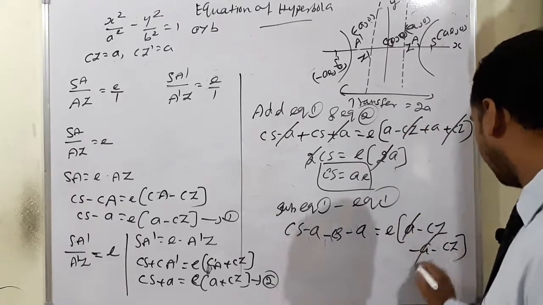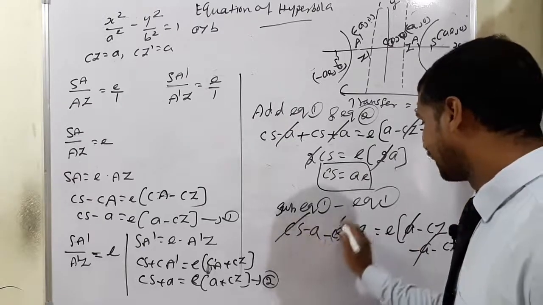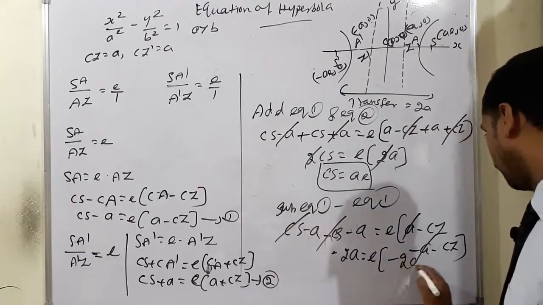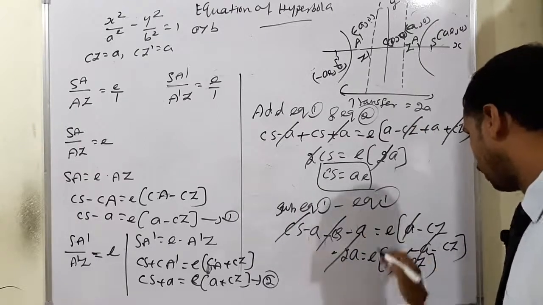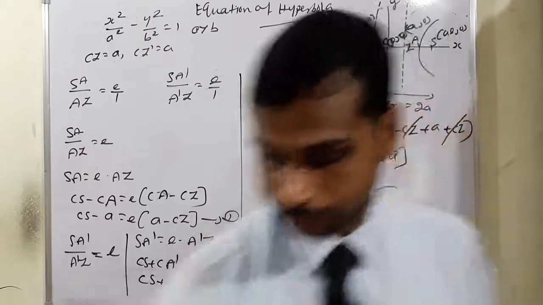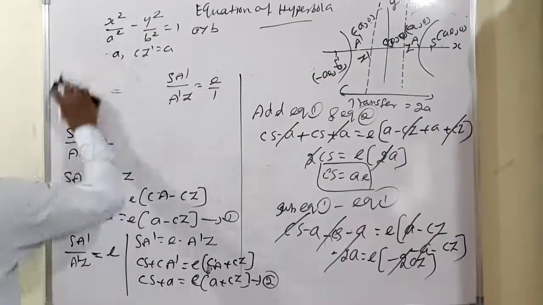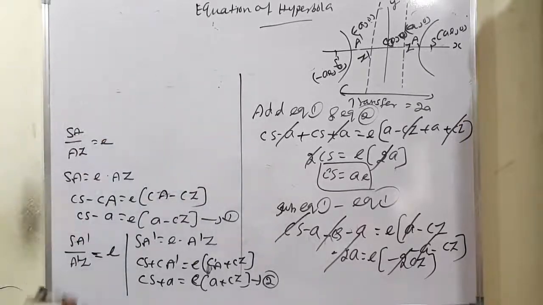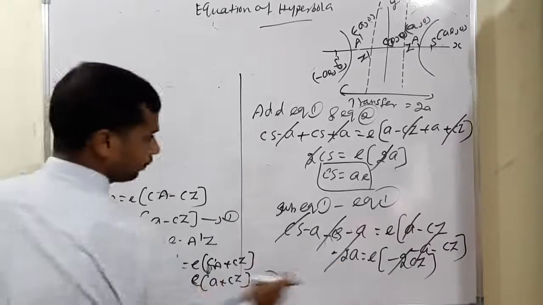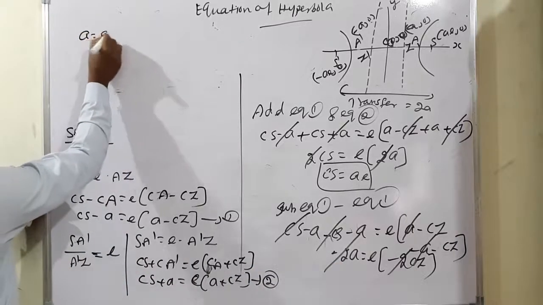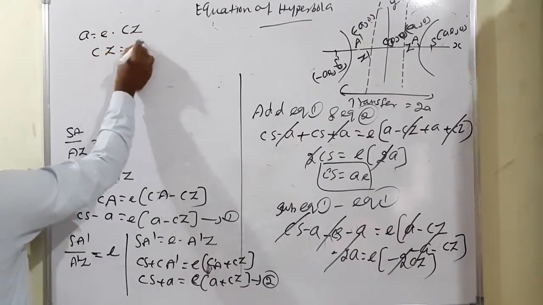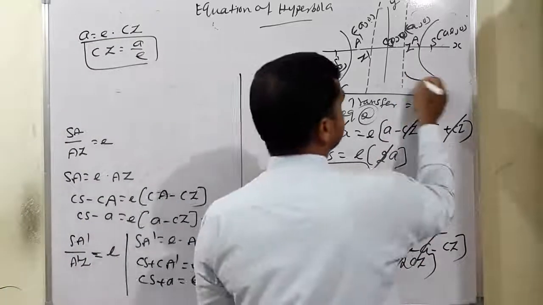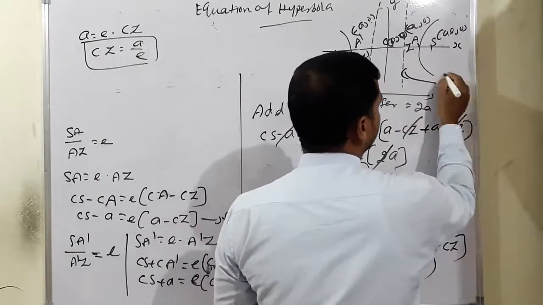Plus A minus A cancel, CS minus CS cancel, so minus 2A is equal to E into minus 2CZ. Minus 2 cancels, therefore A is equal to E into CZ. Therefore CZ is equal to A by E. This is the directrix point, A by E comma y.